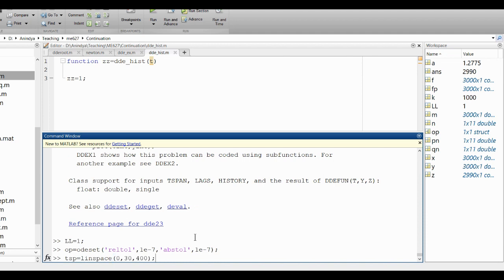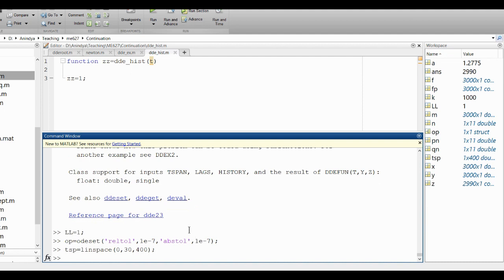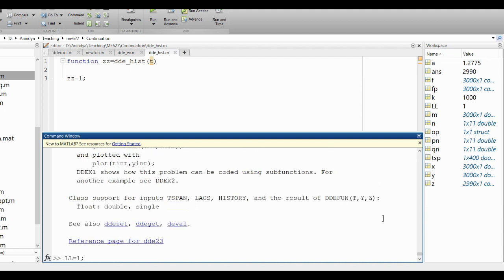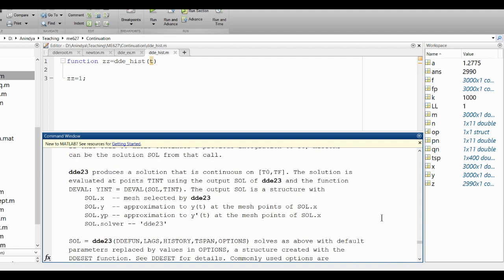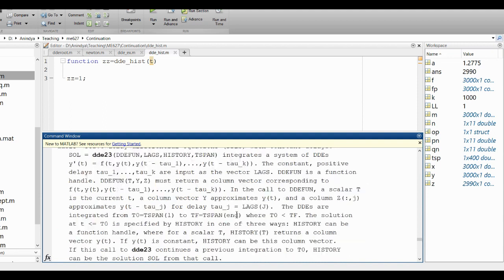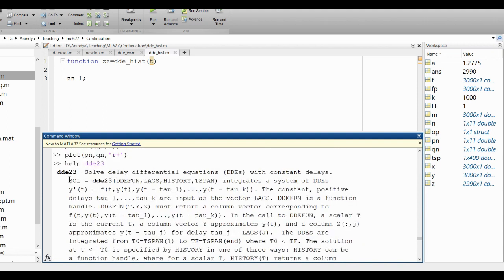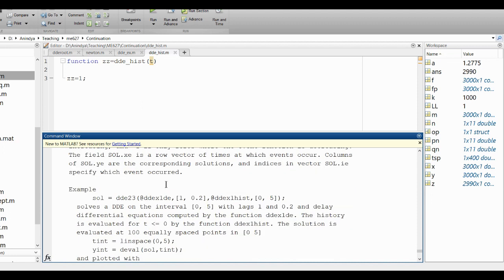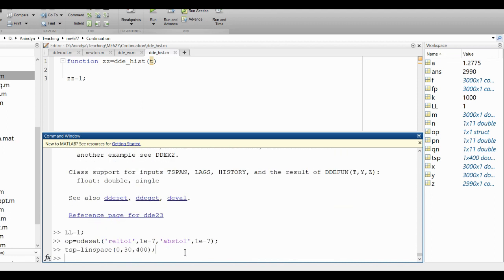Let's try that. Okay, and then this does not give T and X, it gives a funny structure. It gives this solution structure, right? So DDE23, function name, lags, history. Okay, so here we go like this. We say sol DDE equals DDE23.